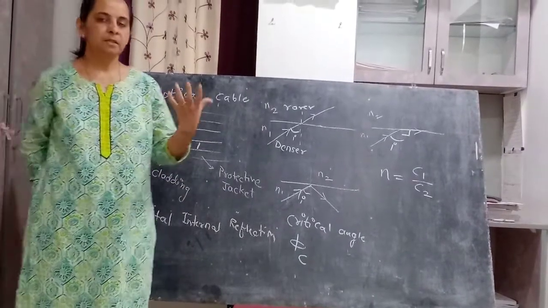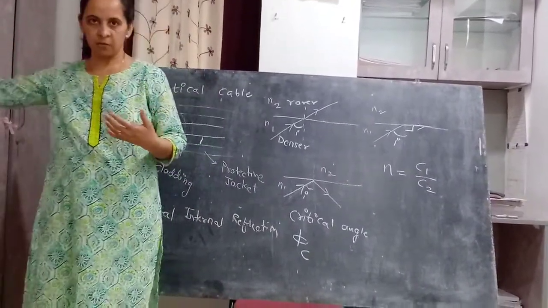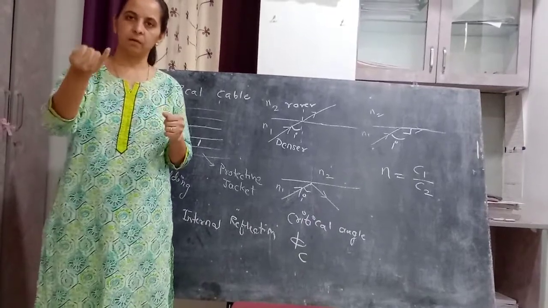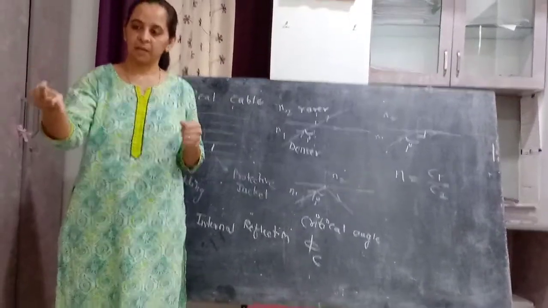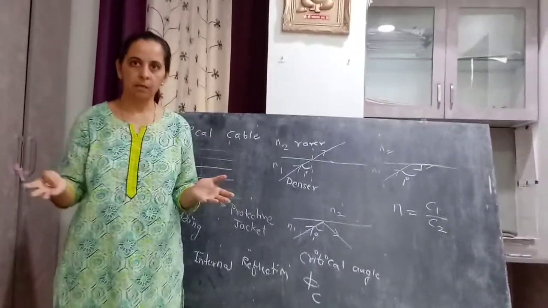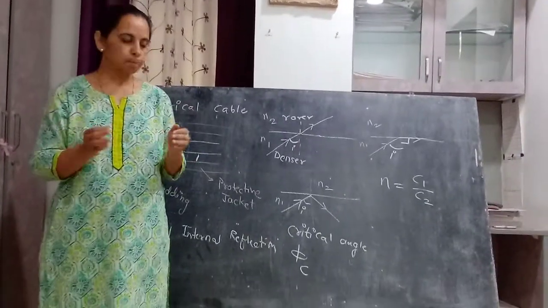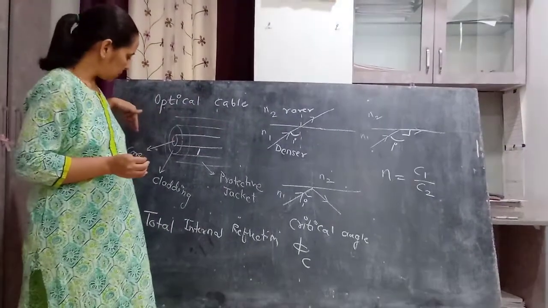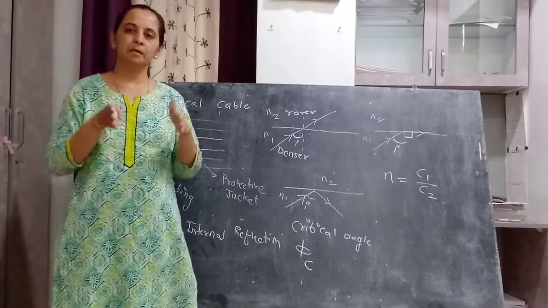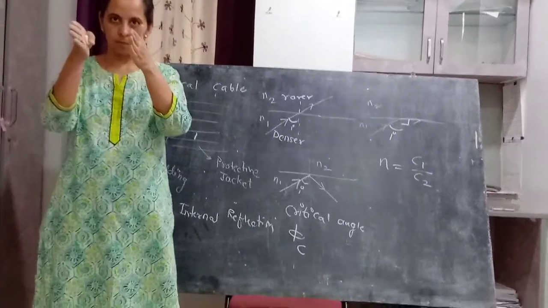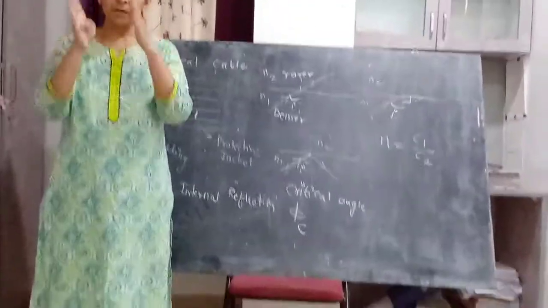See, whenever light is incident on any medium or surface, the light can be transmitted, reflected, refracted, absorbed, anything can happen, right? But here we are passing the light through a core, through the glass, and we have to keep it inside the glass.